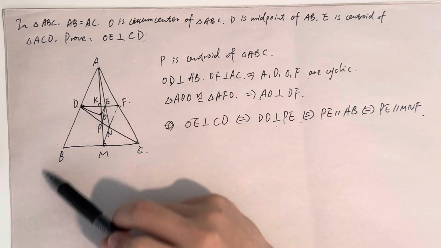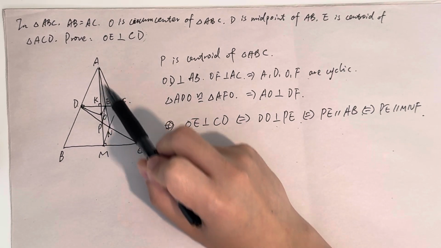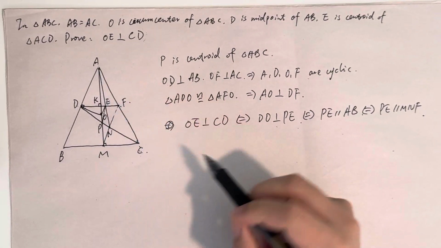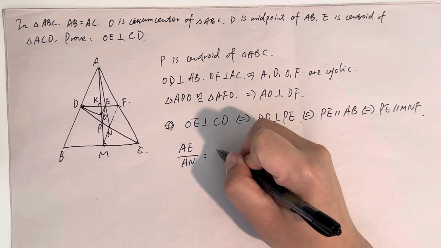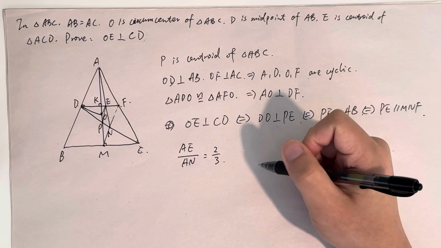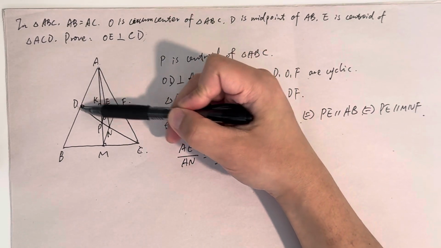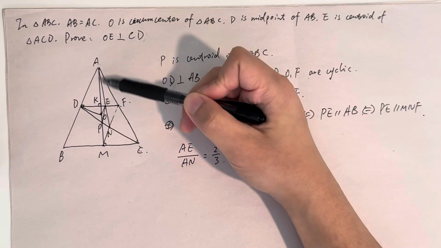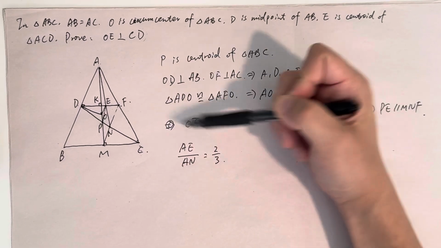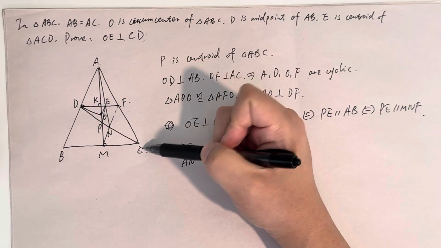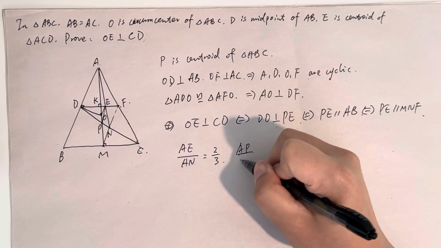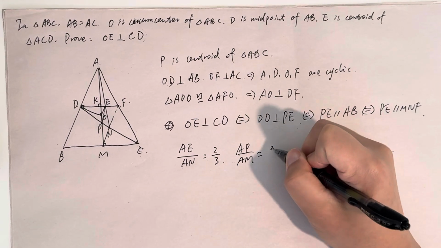P is the centroid of triangle ABC. E is the centroid of triangle ACD. So we know that AE to AN equals 2 to 3, right? Because E is the centroid of triangle ACD. And because P is the centroid of triangle ABC, AP to AM equals 2 to 3.